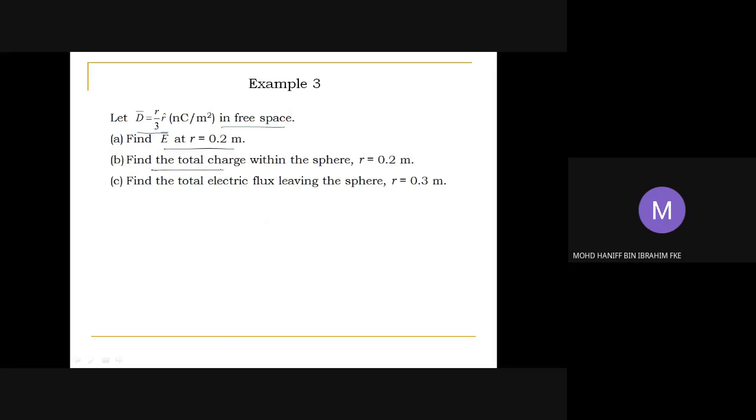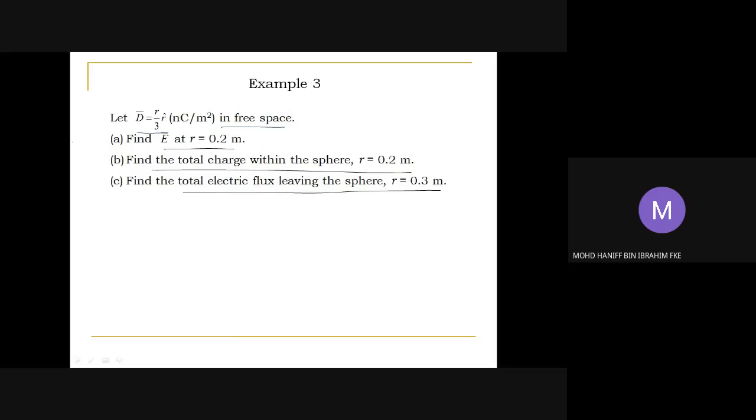B, find the total charge within a sphere of 0.3 meters. And C, find the total electric flux leaving the sphere of radius 0.3 meters. I think this is a very straightforward problem, just to help you understand Gauss's law and the flux concept. Let us proceed then.